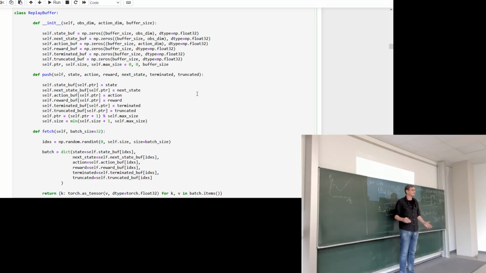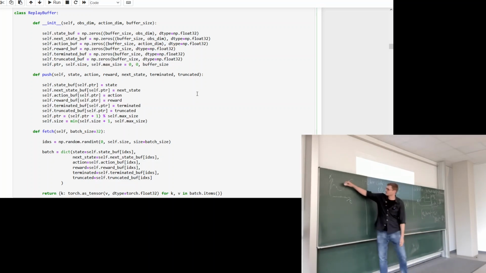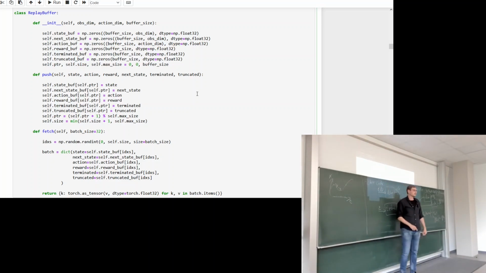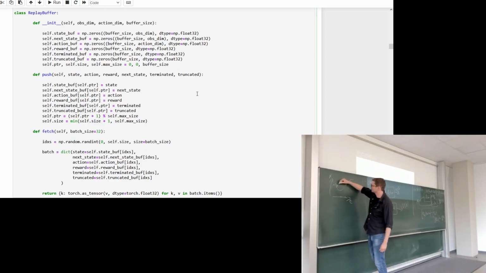Large, of course, also according to your computational resources. And then take just random state transitions out of this so-called replay buffer. Because random state transitions, for example, taking this and taking this, they will be correlated, right? They will be much more correlated than taking this and this.